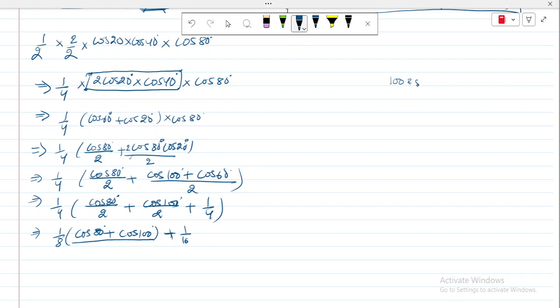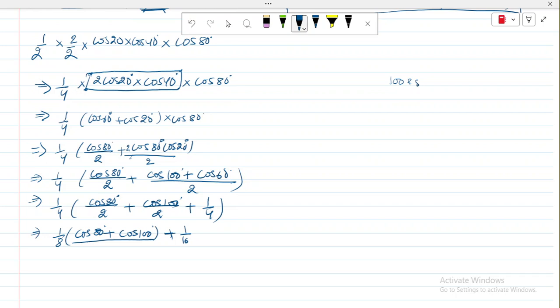Cos 80 you can write as cos of 180 minus 100, and cos of 180 minus theta becomes minus cos theta. Getting my point? So cos 80 you can write as minus cos 100, or cos 100 you can write as minus cos 80. So it becomes 0. Very good question, no? So we are directly getting 1 upon 16, okay?